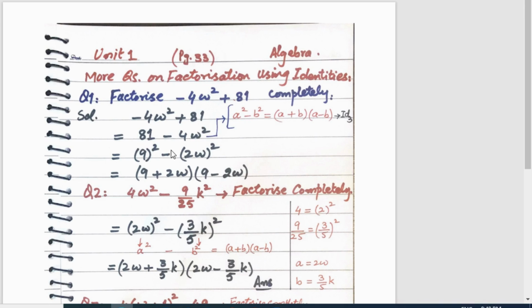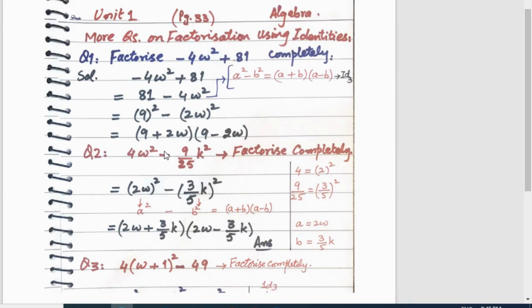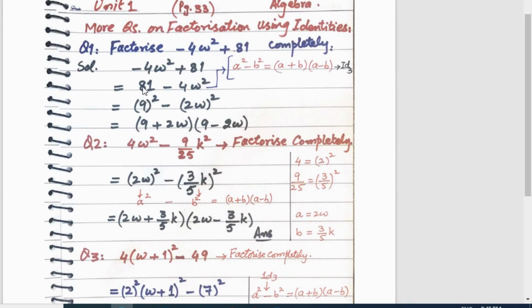Got it? Why am I saying this is giving us a picture? Because this picture will be clearer in the next step. Can I write 81 as 9 square? Because 81 can be written as 9 square. 9 square means 9 multiplied by 9, and 9 nines are 81.